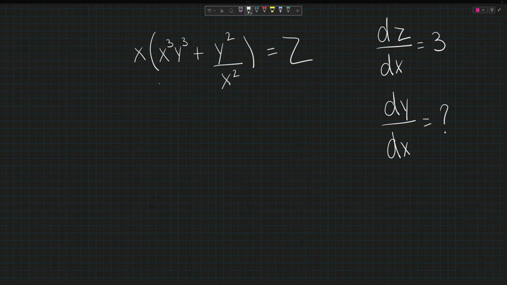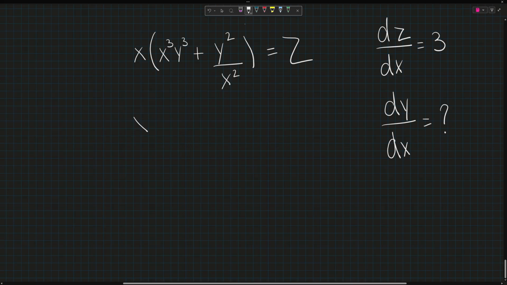Now, if we take the derivative of this immediately, we have to do a complex product rule with these two, and x and y squared over x squared. And it's going to get really messy if we do that. So what I'm going to do is multiply this x with the two terms, and then simplify it a bit. That way I can take the derivative.